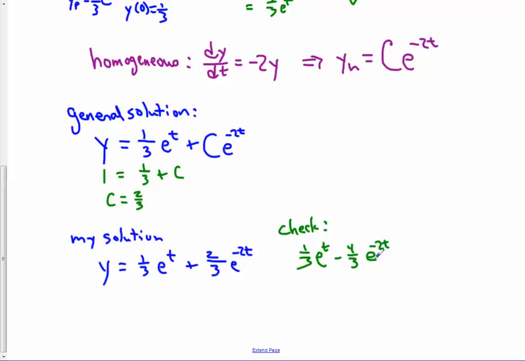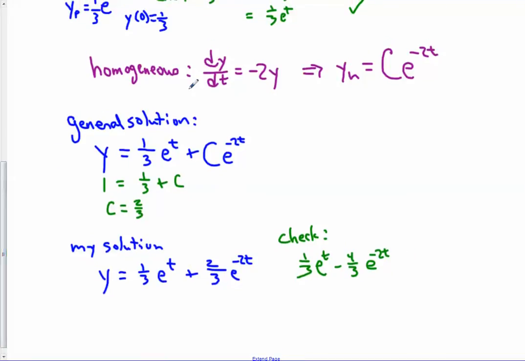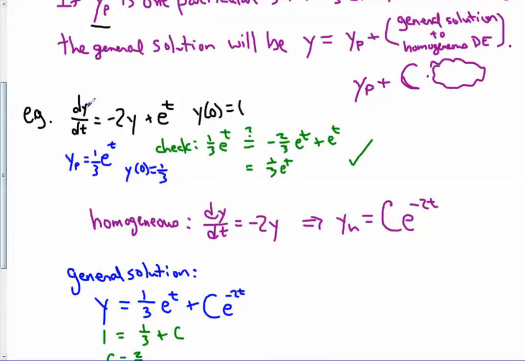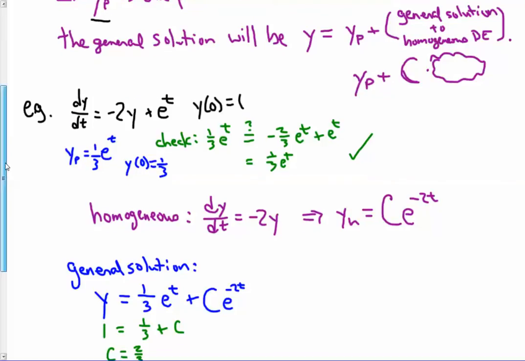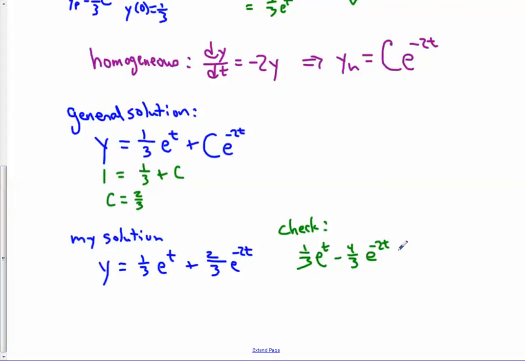So that's the derivative, the left-hand side of my differential equation. Now on the right-hand side, it's supposed to be minus 2y plus e to the t. So minus 2 times my y, which I plug in from the formula, plus e to the t.